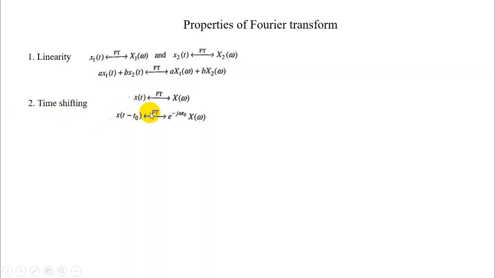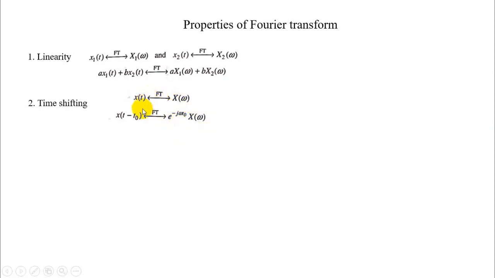Time shifting suggests that if you have the Fourier transform of x(t) as X(omega), you can transform x(t minus t naught). That means if x(t) is shifted to t minus t naught, then the Fourier transform would be X(omega) multiplied by e to the power minus j omega t naught.